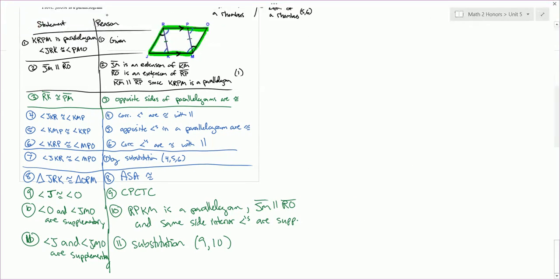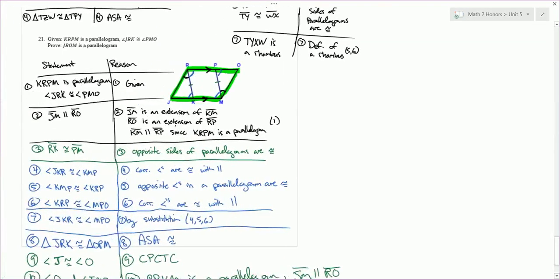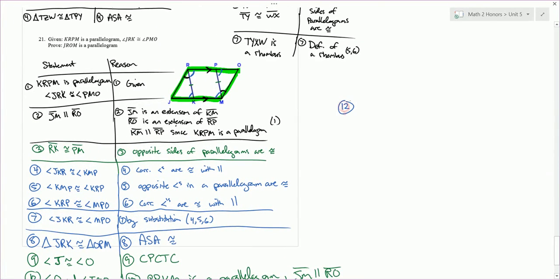Running out of space here, I'm going to move over here. So statement 12: JR, there's what we want, is parallel to MO.